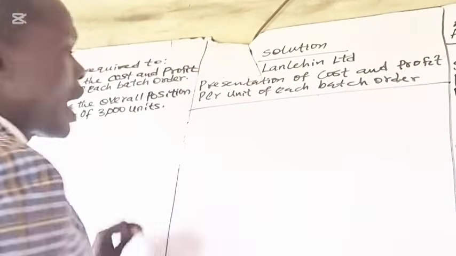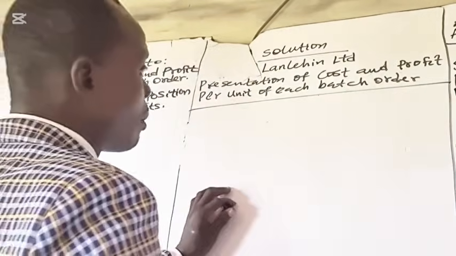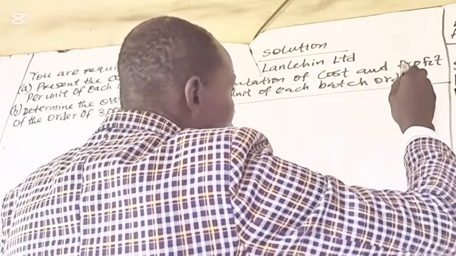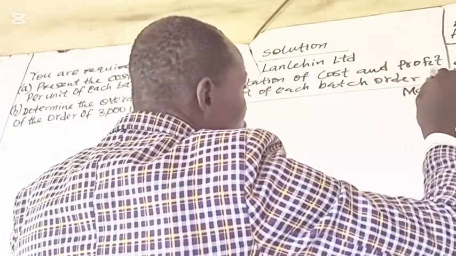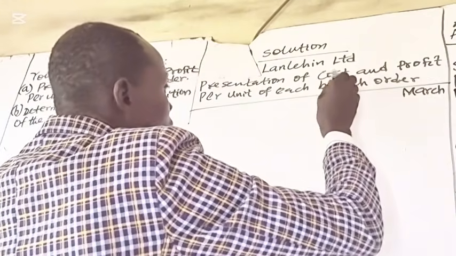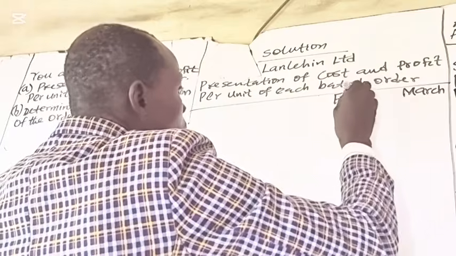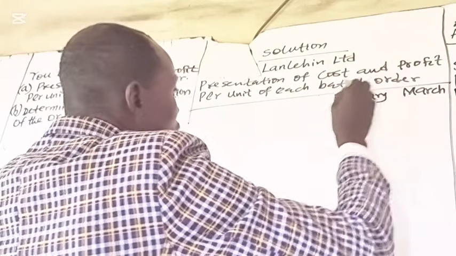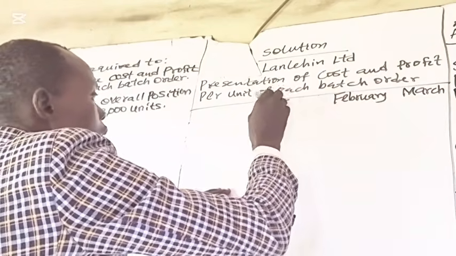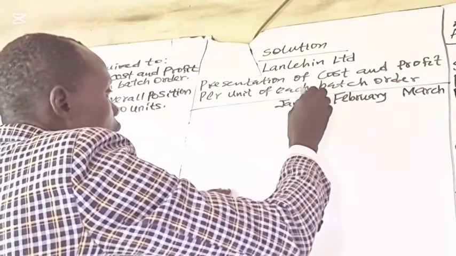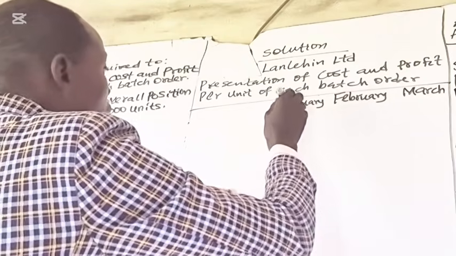So 3 months are involved. We have the month of January, February, and March. And the amount is in Liberian dollar.